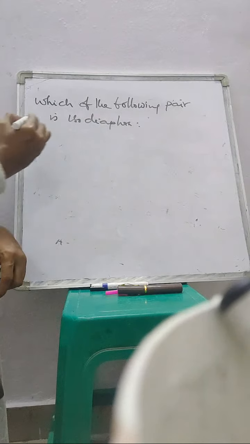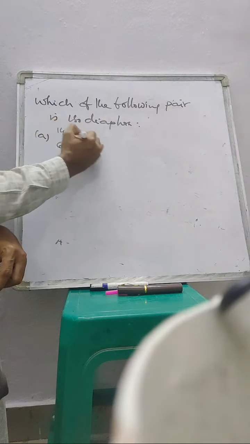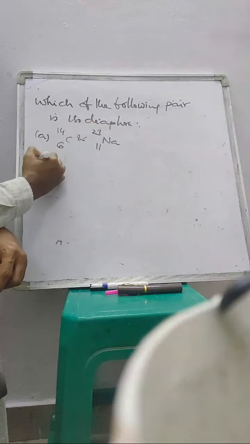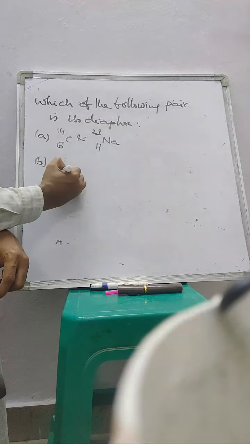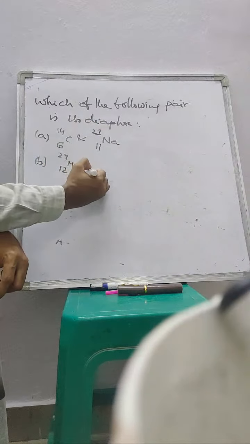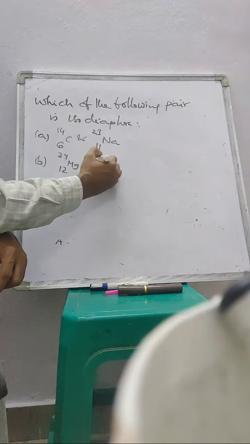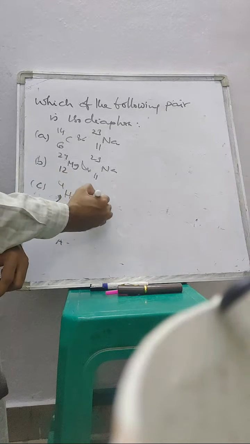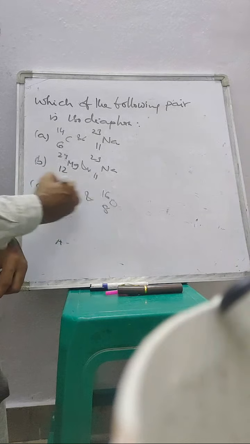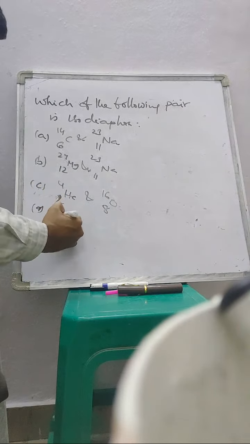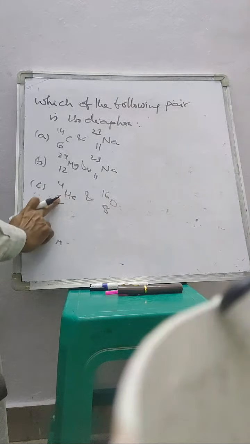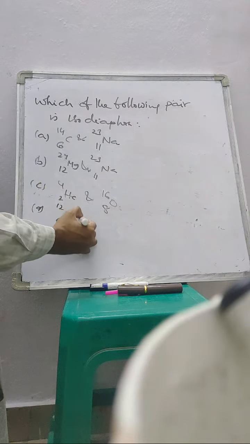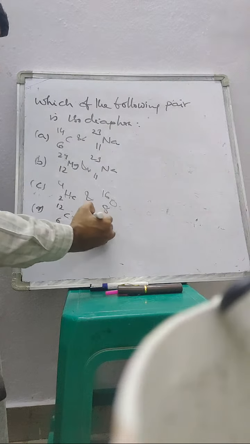Maybe options are given like this: A is 6C14 and 11Na23, B is 12Mg24 and 11Na23, C is 2He4 and 8O16, and D is 6C12 and 7N14.